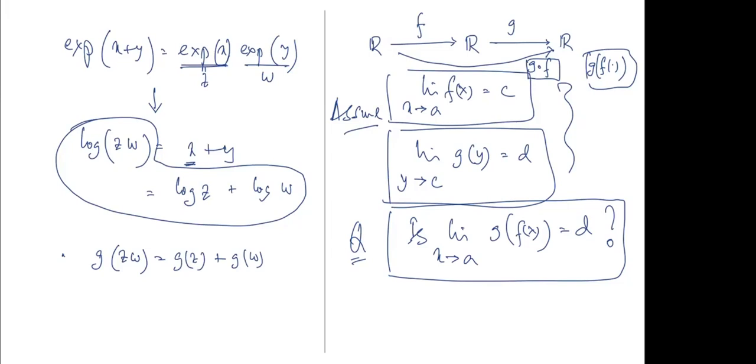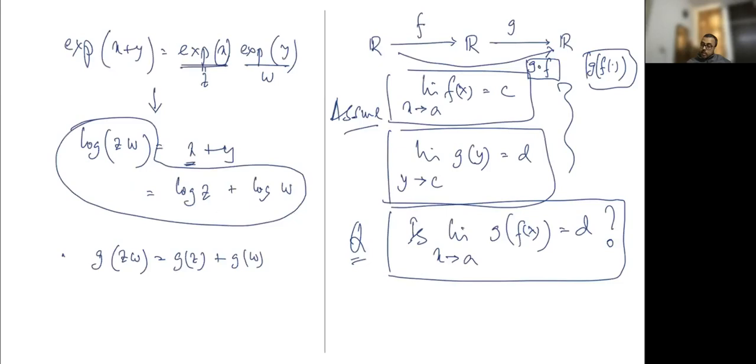So we'll choose some epsilon neighborhood around d, and since the limit of the function g is d, there will be a delta neighborhood around c.